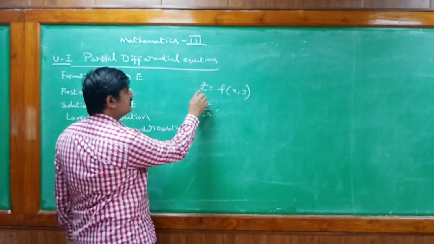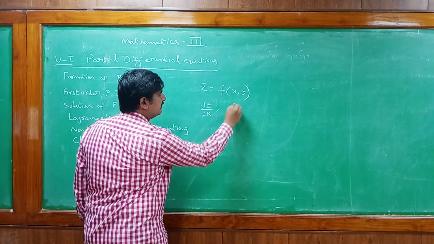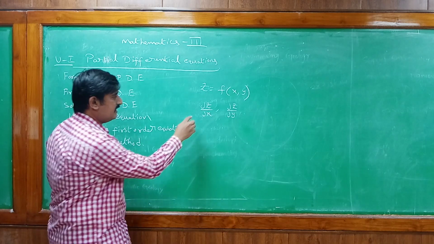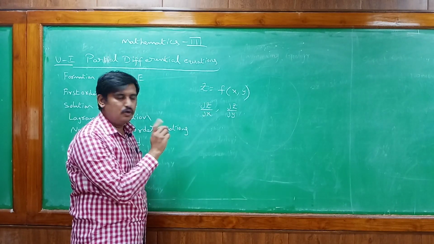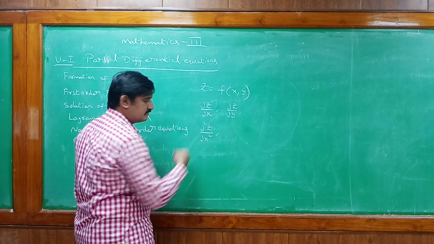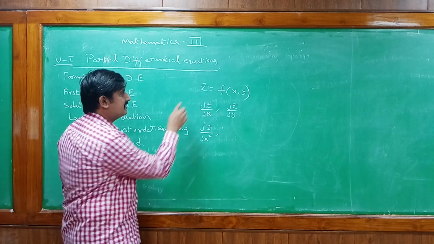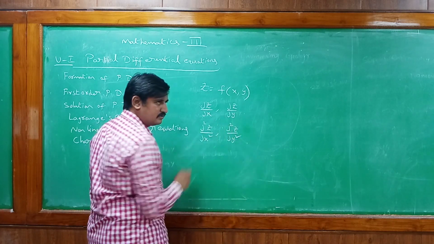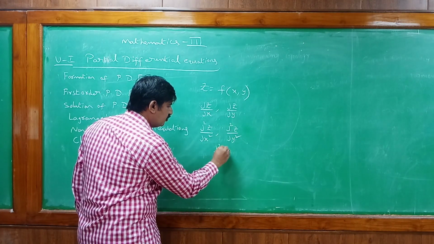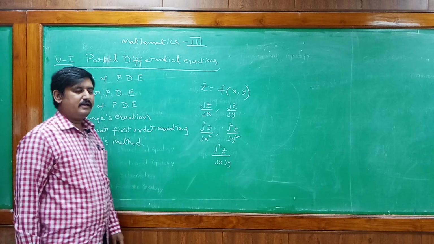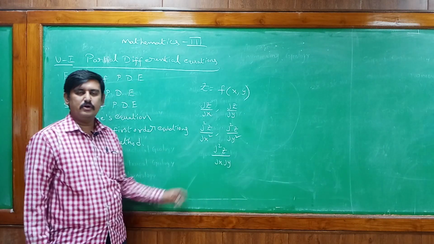If I differentiate with respect to y, I get dou z by dou y. If I differentiate z with respect to x 2 times, I get dou square z by dou x square. If I differentiate z with respect to y 2 times, dou square z by dou y square. If I differentiate with respect to x one time and with respect to y one time, I get dou square z by dou x dou y.